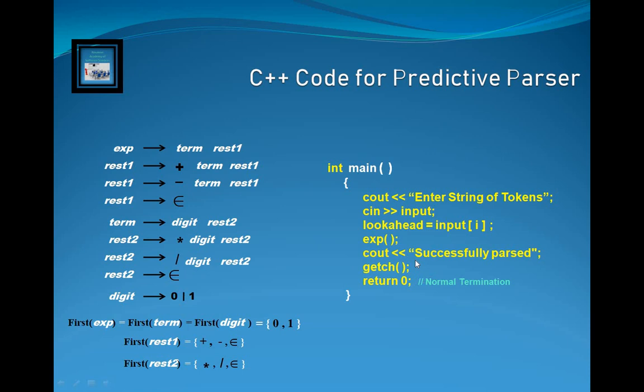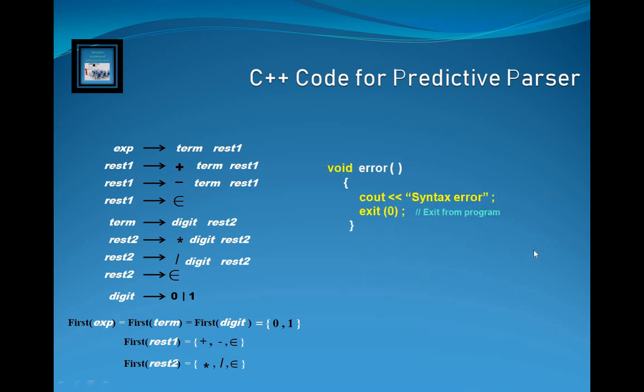But as you have seen earlier, in case the error function is called, it's not possible that control comes here. Rather, control exits from somewhere else during the program execution.